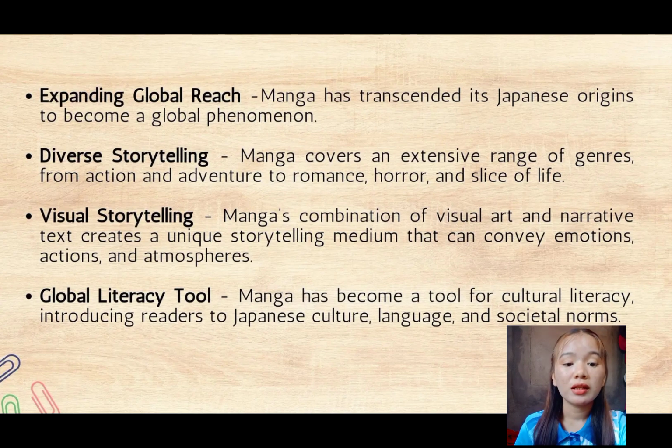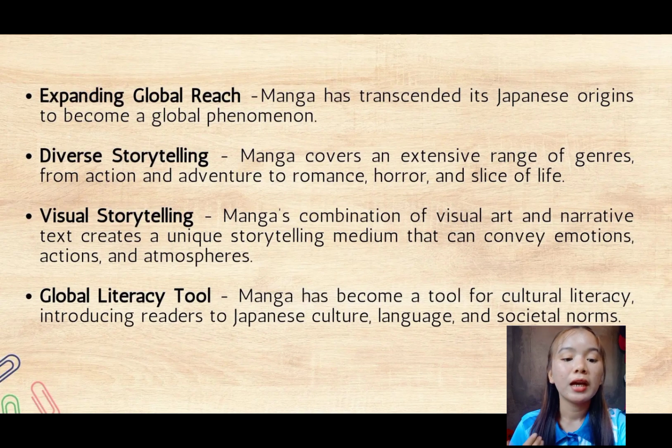In traditional literature, it commonly offers deep, introspective narratives that rely heavily on language, style, and often extensive world-building through text. It is a form of storytelling that has a long history and is celebrated for its ability to convey complex ideas and emotion through prose. While manga combines visual art with narrative, so it is easily digested by the brain. It provides a more immediate and dynamic experience.